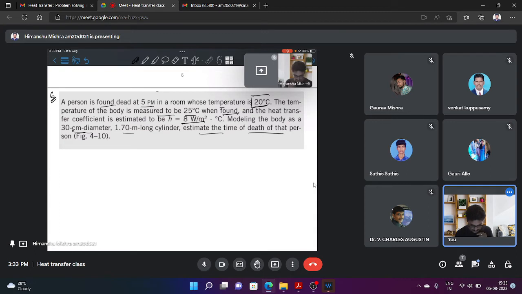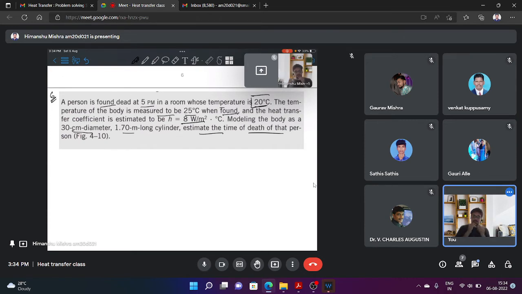From the question we know that this is a transient heat conduction problem, because we have been given the properties of the body and the temperature, and we need to estimate the time. So the initial temperature is given, the surrounding temperature is given, and we have to find the temperature when we measure after some time.